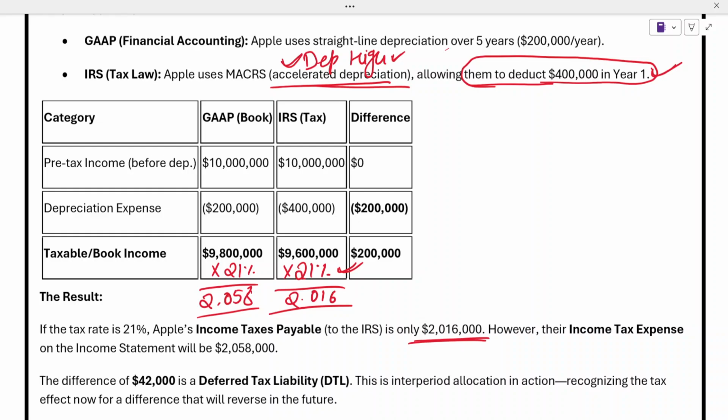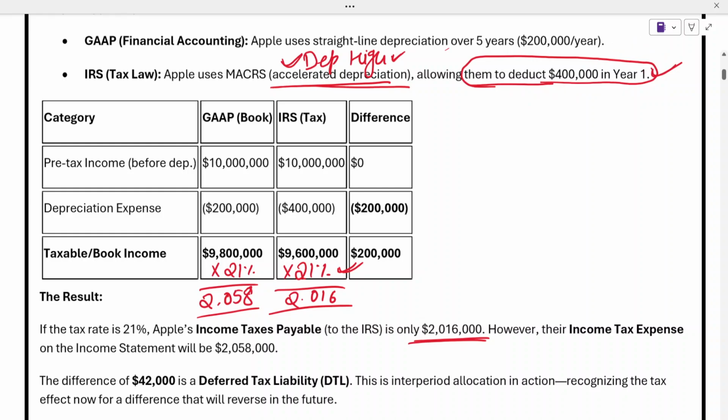But overall, the taxes which need to be paid as per the books are higher, but as per income tax we are paying lower. So in future we will somehow get a lower depreciation allowance, because right now we are getting higher depreciation.